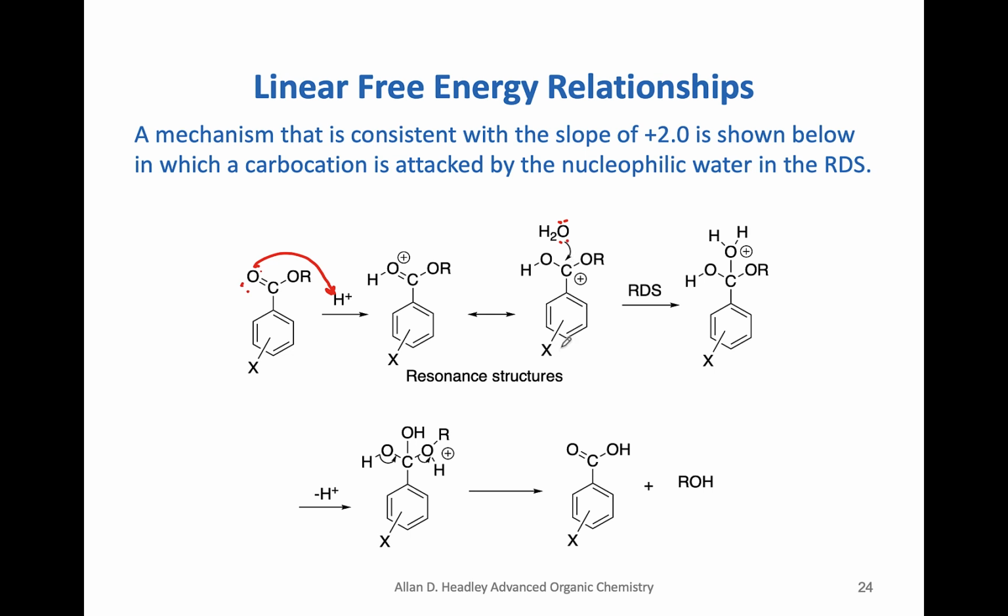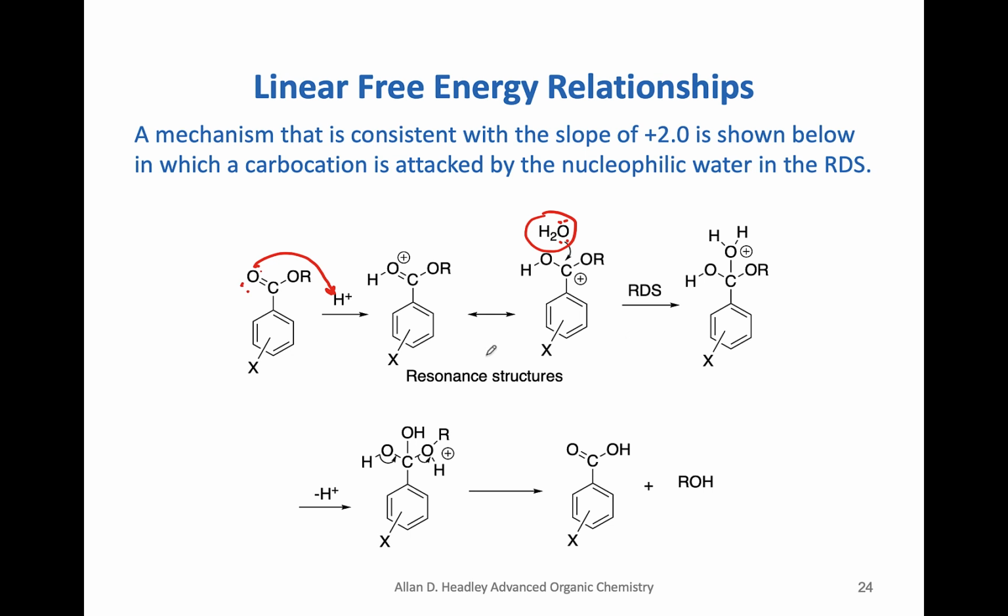So in other words, if we have now electron withdrawing groups here, it would make this reaction more favorable, and this now becomes the rate determining step. So it's different from this being the rate determining step compared to this being the rate determining step. Right? So for this being the rate determining step, electron donating groups favor this. For this being the rate determining step, because we're putting electron groups here, electron withdrawing groups will favor this step.